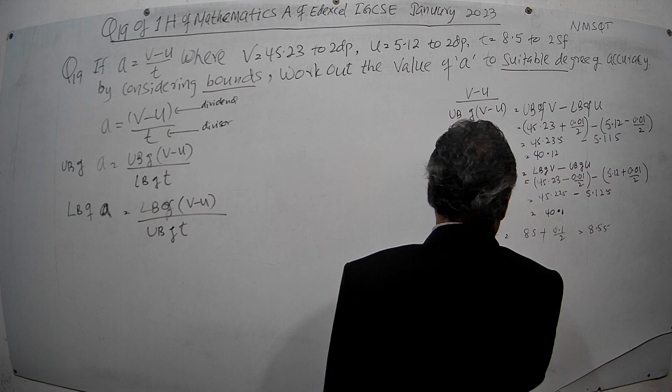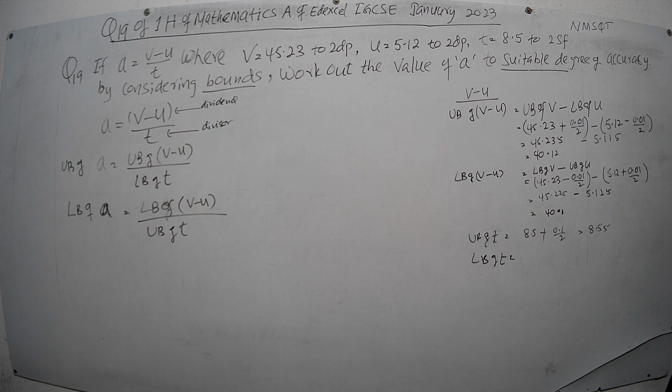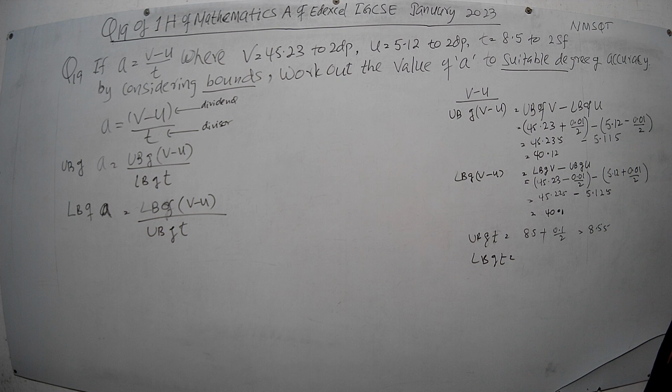Then the lower bound of T. The general formula for the lower bound can be applied: corrected value minus degree of accuracy over 2.